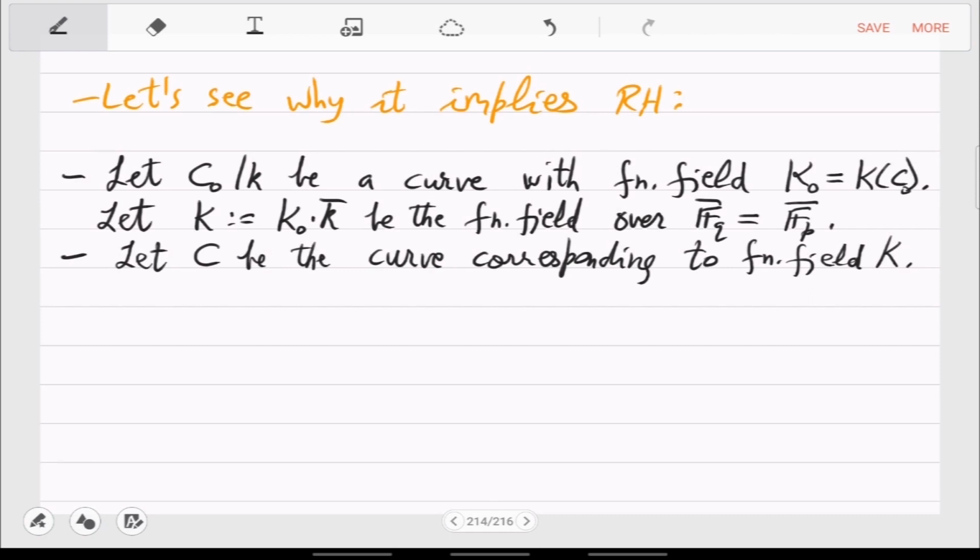When we do point counting, not much will change, because the point counting we are interested in is only over FQ. So N1 C0 and N1 C are the same, but C has better geometric structure, so we work with C now. The thing is that C is still not a Galois cover in general, so we have to take a Galois cover here. Let's call that C prime.